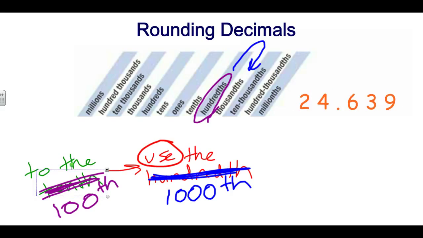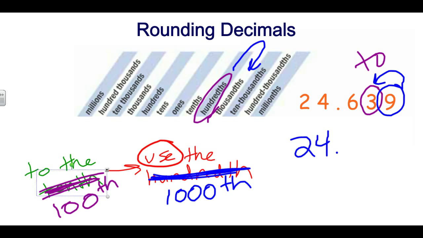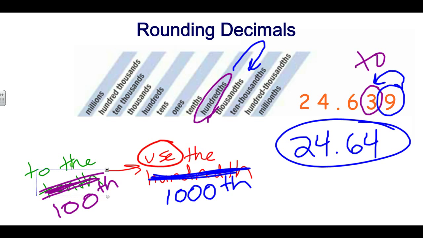Now our hundredth is 3. That is the number we are rounding. The place that we're using is the 9. Now a 9 is big. It is almost up to the next place value, so we're going to round up because our thousandth place is from 5 to 9, and this becomes 24.64 when we round it to the nearest hundredth.